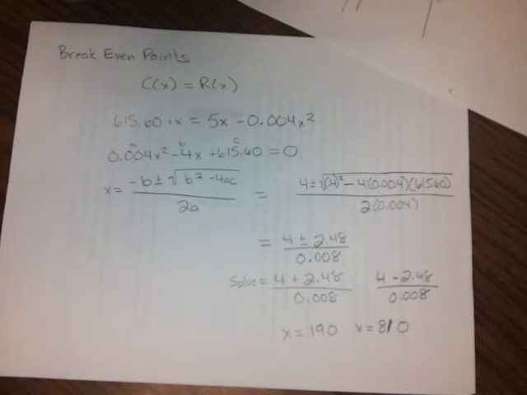So quadratic formula, not fun at all. But that tells us now that our break-even points are when the demand is 190 hamburgers or 810 hamburgers. Now they want us to find the cost of each of these demand values by substituting them into the cost function. So, on to another sheet of paper. I told you this was epic.